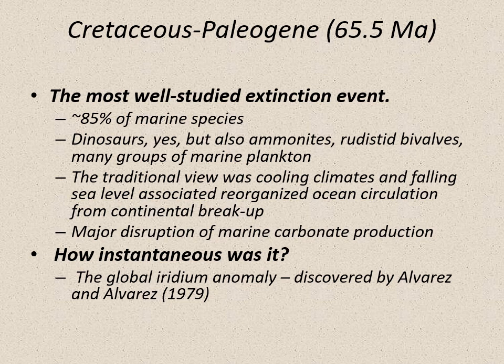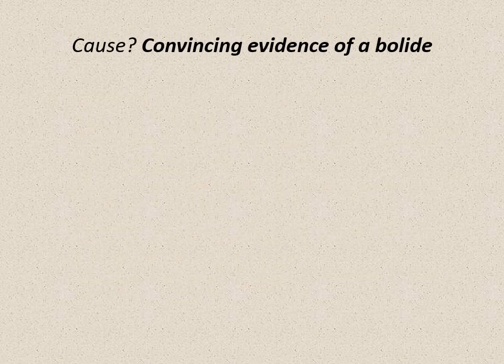We have a crater that supports the asteroid impact. We have iridium. We have all of the things that suggest that we got hit by a huge rock from space. However, does that explain everything? Well, it doesn't. So what we can say is that the impact was an instantaneous event and clearly had a huge influence on life on the planet, but there's more to the story than just a single global killer.